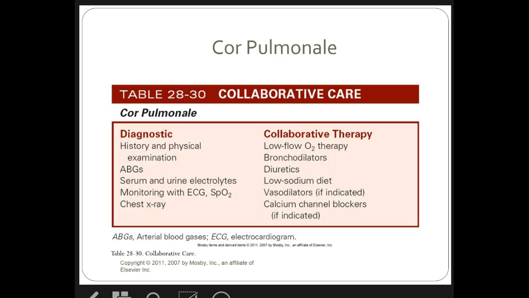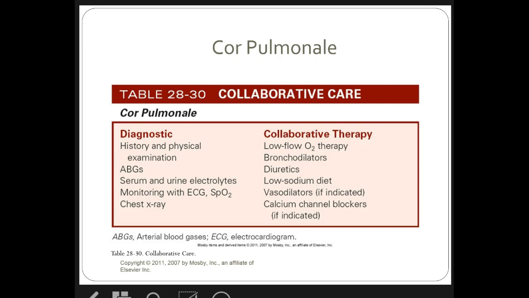Again, these are just examples of some diagnostics. You need your history and physical exam. We're going to look at their ABGs. We're going to look at their serum and urine electrolytes as well. The patient's going to need an ECG, and as I stated, it will show right ventricular hypertrophy. We're going to look at their O2 sats and see if they have a chronic hypoxemia.